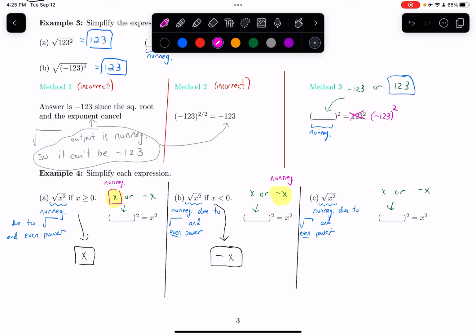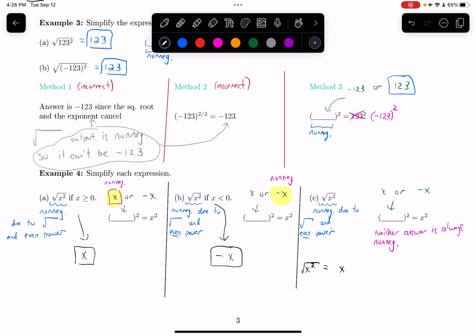So the problem I'm running into here is, well, neither answer is always non-negative. Okay, so there's two ways to kind of get around this. For the time being, let me just say that the square root of x squared equals the answer choice x.